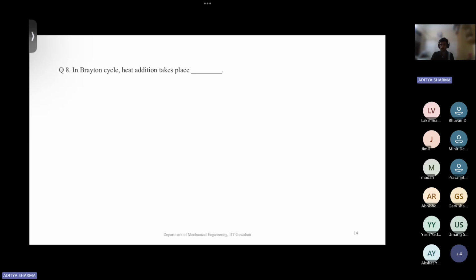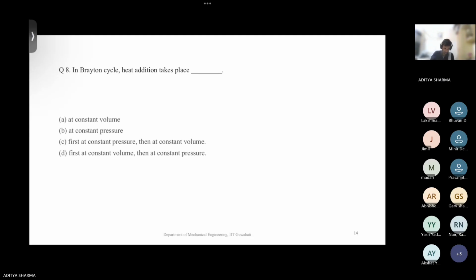Then questions. In Brayton cycle, where does heat addition take place?